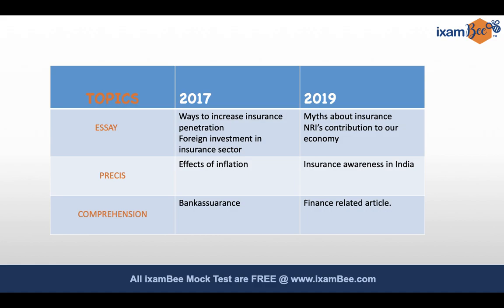So we have foreign investment, okay? Précis, we have effects of inflation and insurance awareness, another insurance-related topic. Comprehension was bank assurance, another insurance-related topic. And in 2019, we have a finance-related article.